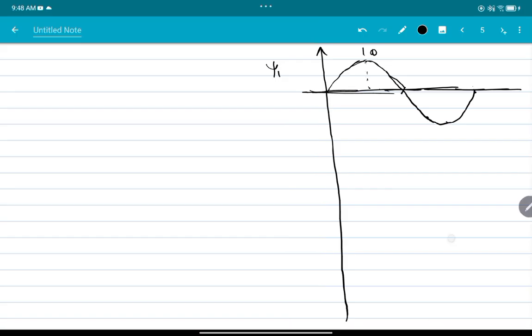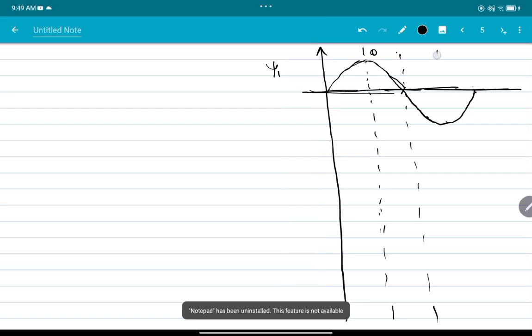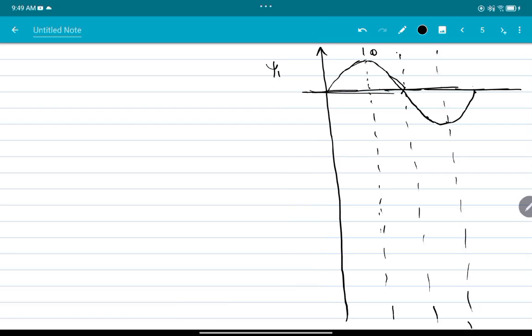I will divide this whole range into 8 divisions, 8 lines. First of all, let me draw these lines to keep track of things. I'm sorry, I will have to shift it. Let us keep it here.